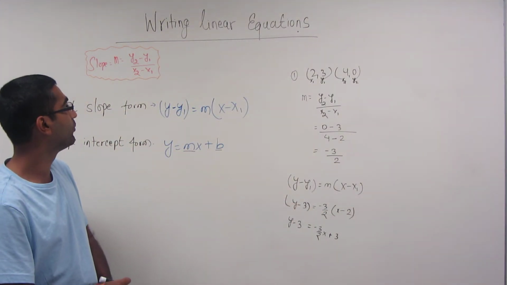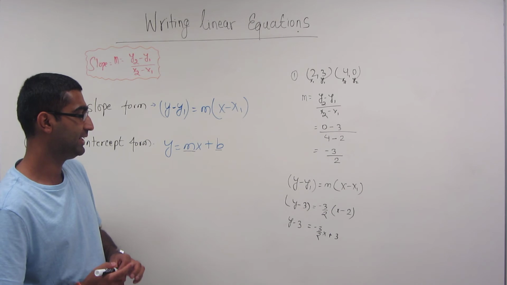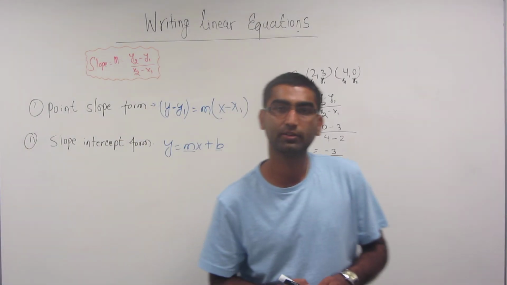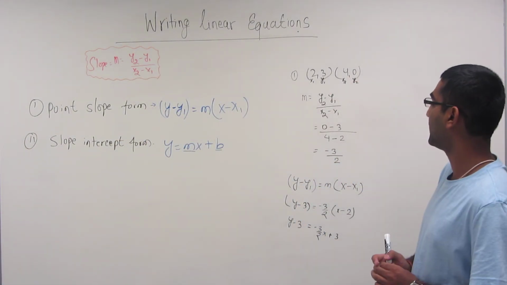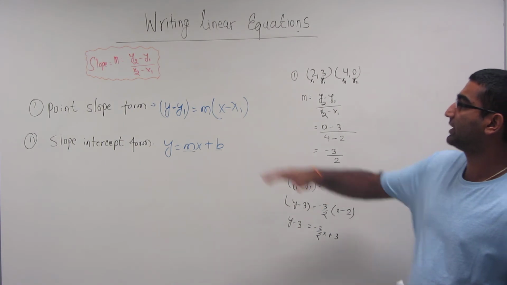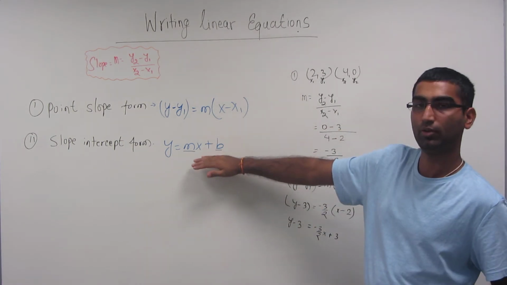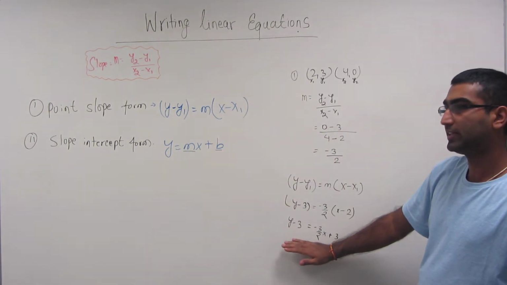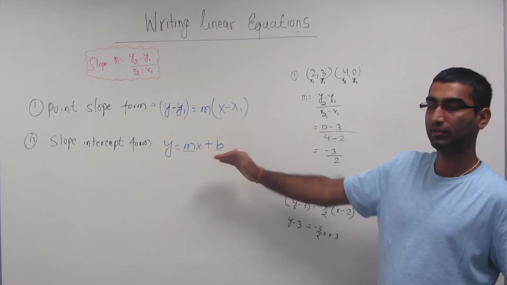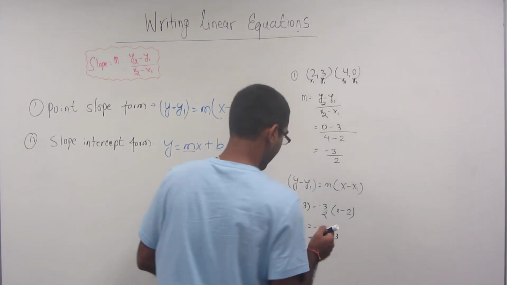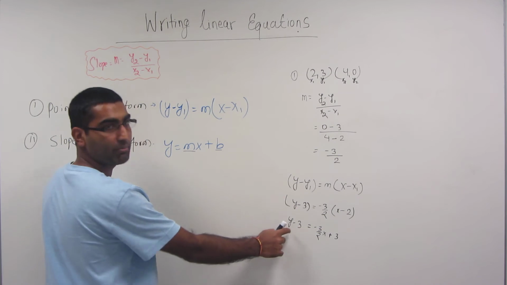Okay. Now we talked about last time that any equation of a line should always be in the standard y equals mx plus b form. So we are going to change this into something like y equals mx plus b. For that we have to isolate y by itself.